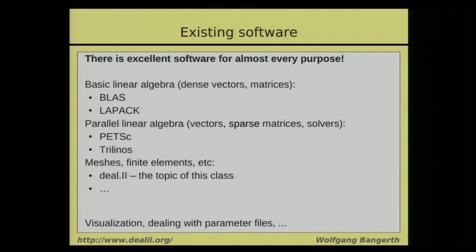Then the next higher level would be two libraries called PETSc and Trilinos that represent vectors and sparse matrix solvers. Both of these support parallel computations, and then based on this we build libraries like deal.II, the library that I'm going to talk about in this class, that do all of the meshing and the finite element parts of this.